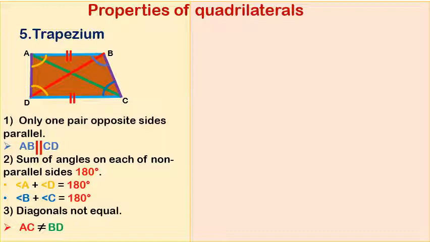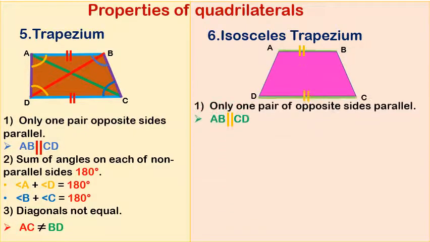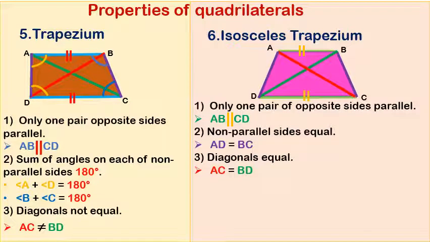Now let us compare the properties of a trapezium with the properties of an isosceles trapezium. Here also only one pair of opposite sides is parallel. That means side AB parallel to side CD. Second property, non-parallel sides are equal in length, which means AD equal to BC. Third property, lengths of diagonals are equal.